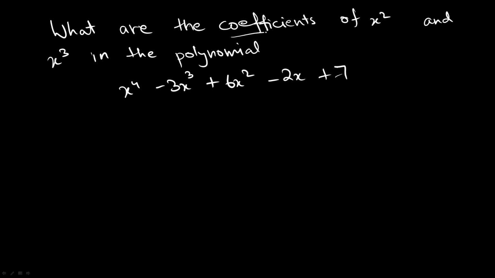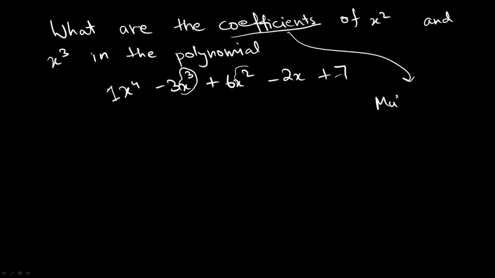So basically coefficient means, so this is the coefficient, and if we don't see the coefficient, it is usually labeled as 1. Coefficient is basically the multiple of the variable, and the coefficients of x cube and x square and x, which have different powers, will be different.